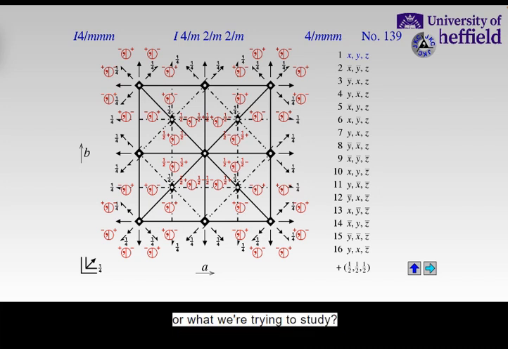Now, what does this mean for our diffraction and what we're trying to study? Well, if a material is a crystal, then it will have one of these translationally periodic structures in 3 dimensions. As a slight disclaimer here, the definition of a crystal has changed slightly recently by the International Union of Crystallography to account for quasi-crystals.